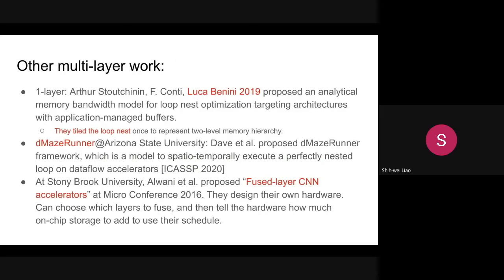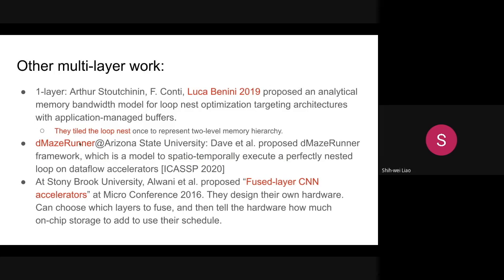So let's first start with a quick survey of other multi-layer work. The general case is the 1-layer case. It was proposed by Luca Benini and his students in 2019. They proposed an analytical memory bandwidth model for tiling ResNet, optimizing for targeting architectures where an application can manage the buffers. They tile the ResNet, but they limit themselves to 1 single layer.